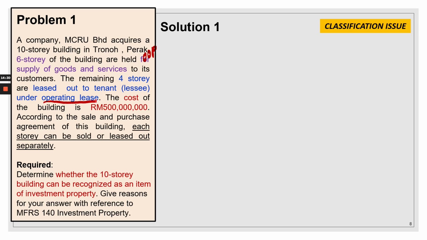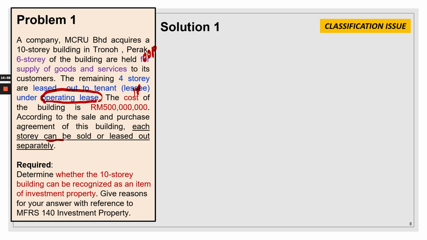Under operating lease, to the owner, MCRU Berhad, this is going to be an IP. So you need to read further. The cost of the whole 10-story building was 500 million. According to the sale and purchase agreement, each story can be sold or leased out separately.